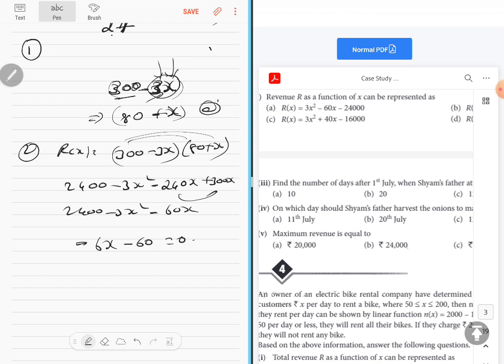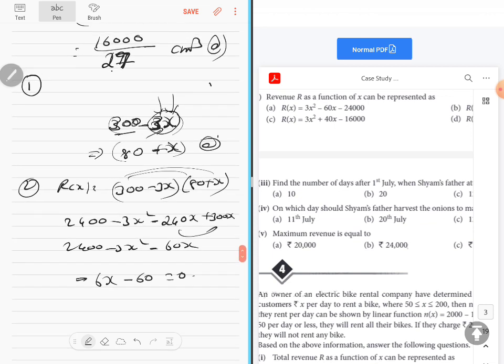So then definitely the revenue is wrong. (300 minus 3x)(80 plus x) is 2400 plus 300x minus 240x minus 3x square.